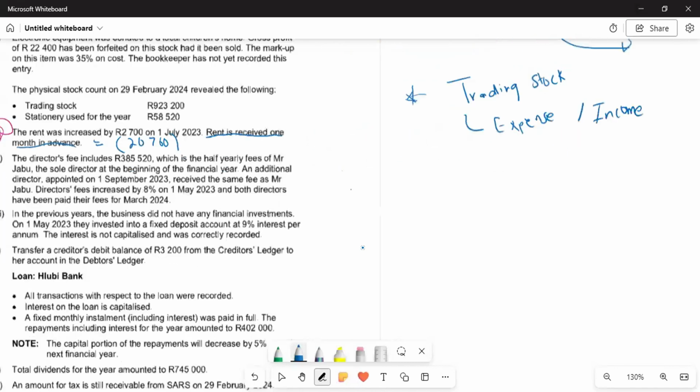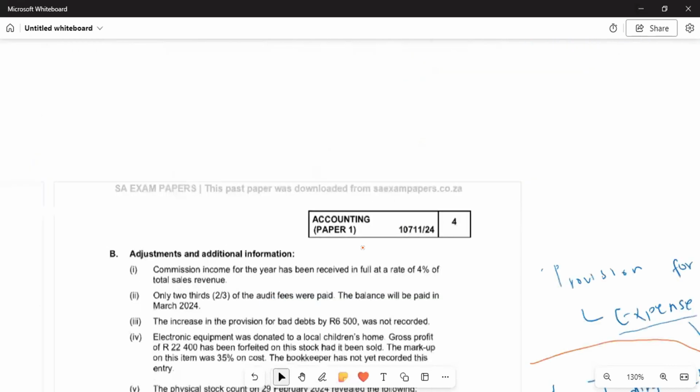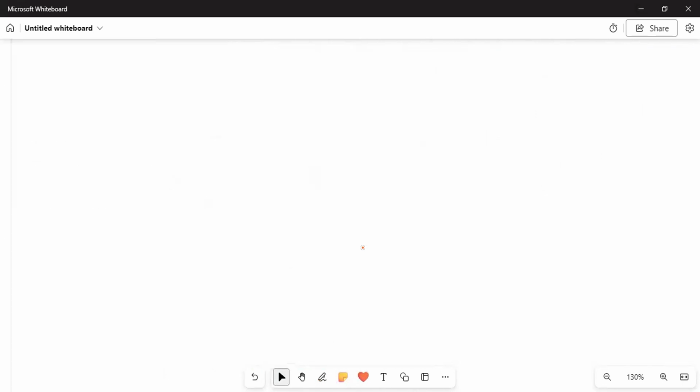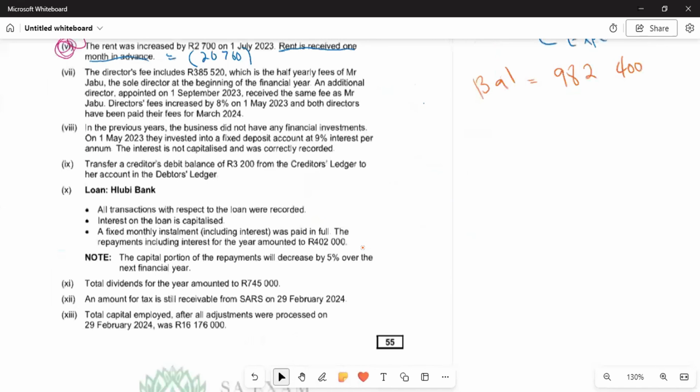Now let me see if there's any information relating to my trading stock. So on the given balances, my trading stock is 982,400. This is on the given balance. Now on the additional information, let me see this transaction related to trading stock.